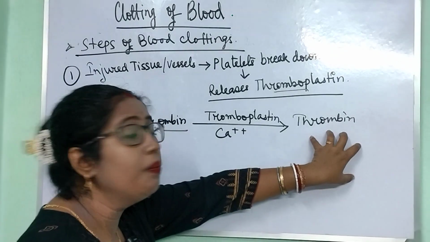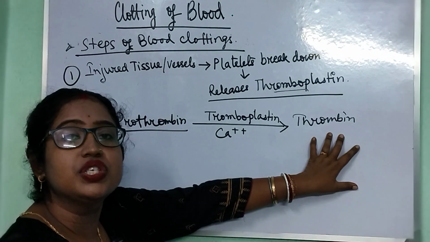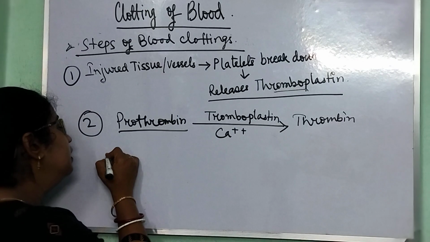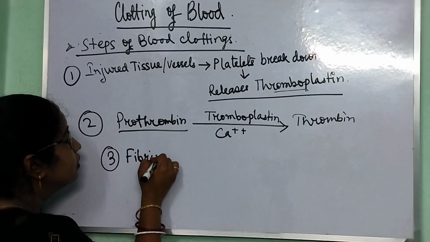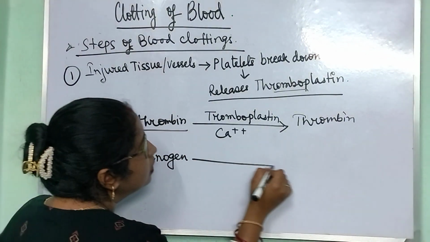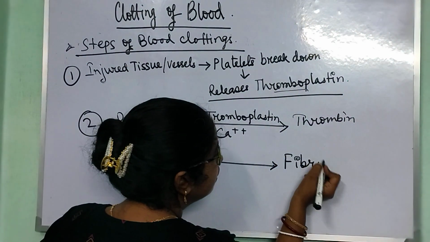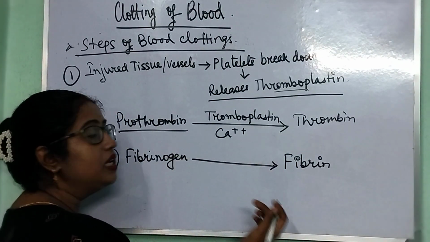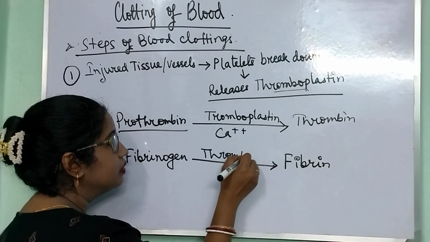Now, this thrombin has the activity to change the soluble fibrinogen into fibrin. So the third reaction is that fibrinogen present in the blood plasma is converted to fibrin, the insoluble jelly-like protein structure, with the help of thrombin.